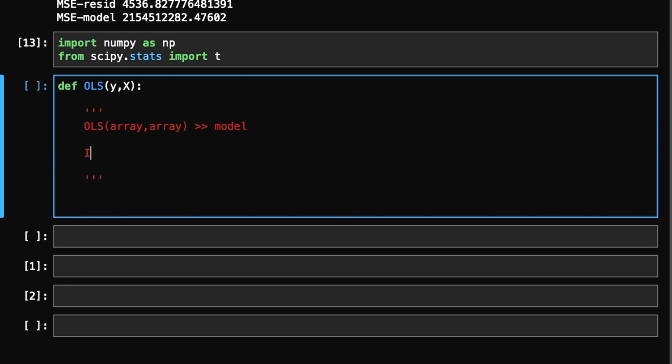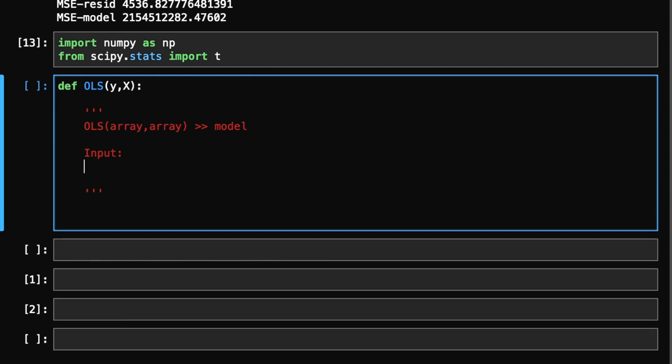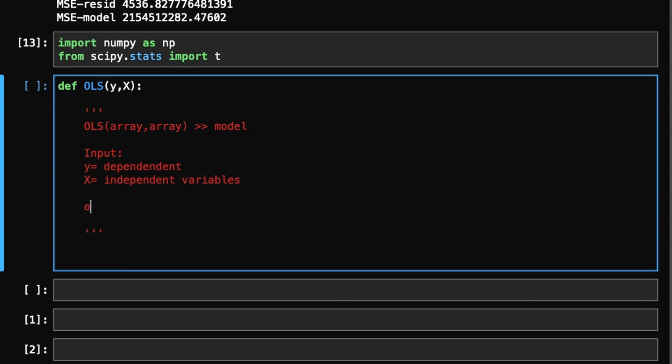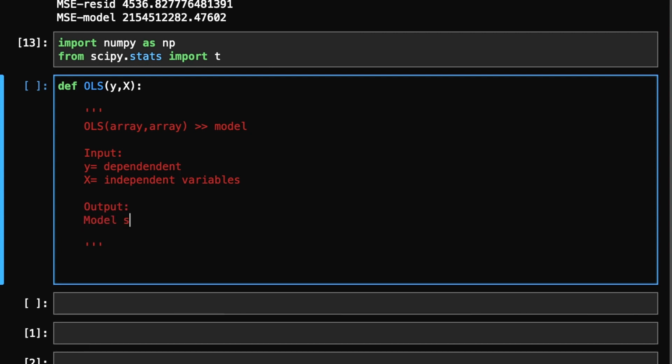And I can also write that as input, y is the dependent variable and x is the independent variables. And the output of the function is going to be model summary.